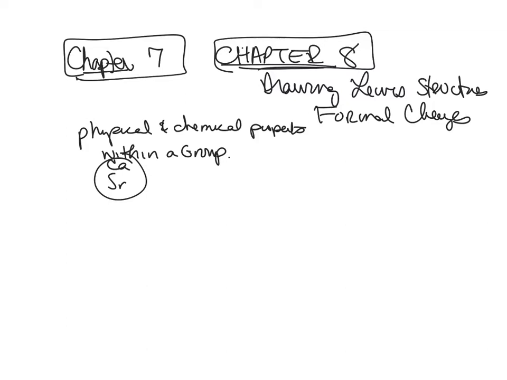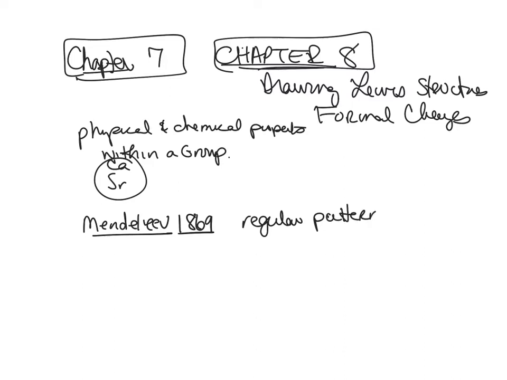Now, a Russian chemist named Dmitry Mendeleev is given credit for developing the periodic table. He developed it in 1869, and the reoccurrence of the properties in a regular repeating pattern is why it's called periodicity.